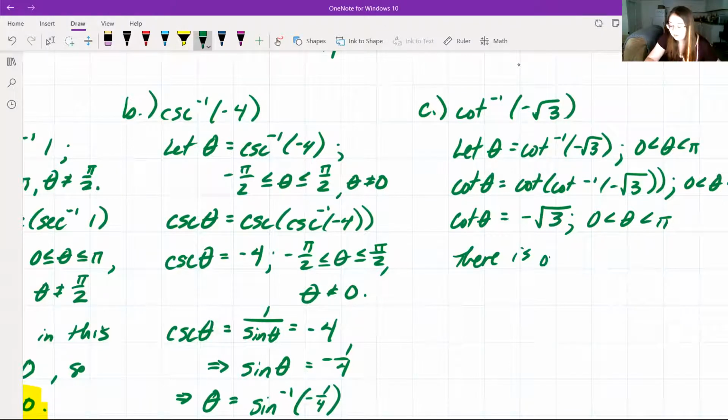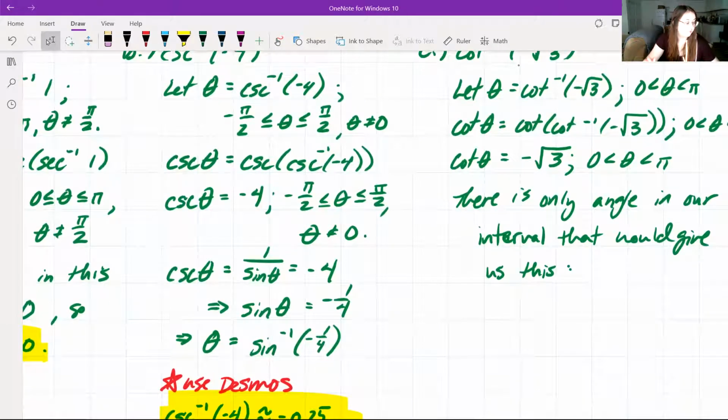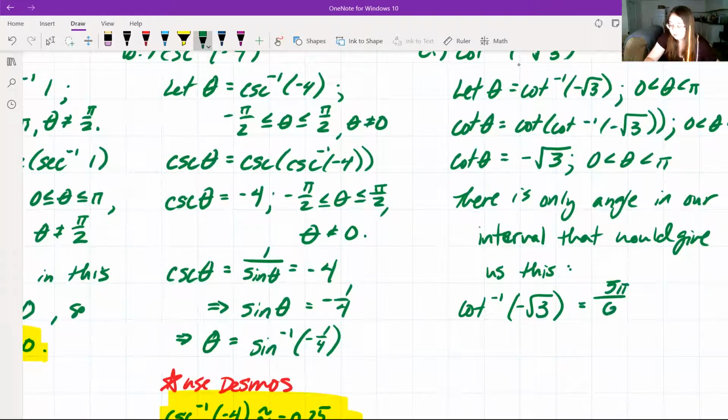So there is only one angle in our interval that would give us this, which is going to end up being 5 pi over 6. So this means that cotangent inverse of negative square root of 3 is equal to 5 pi over 6.